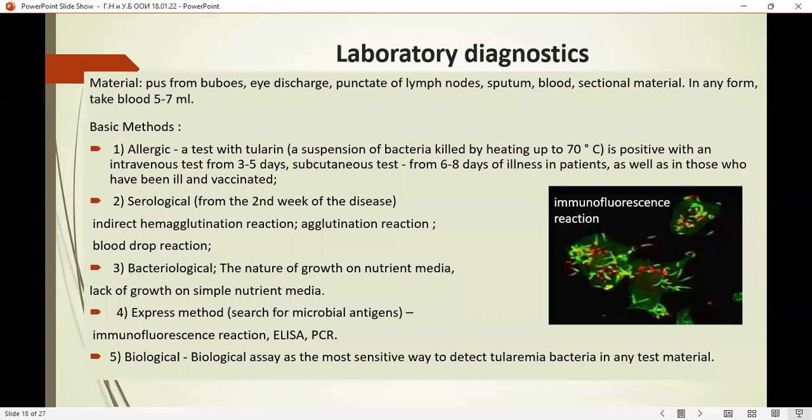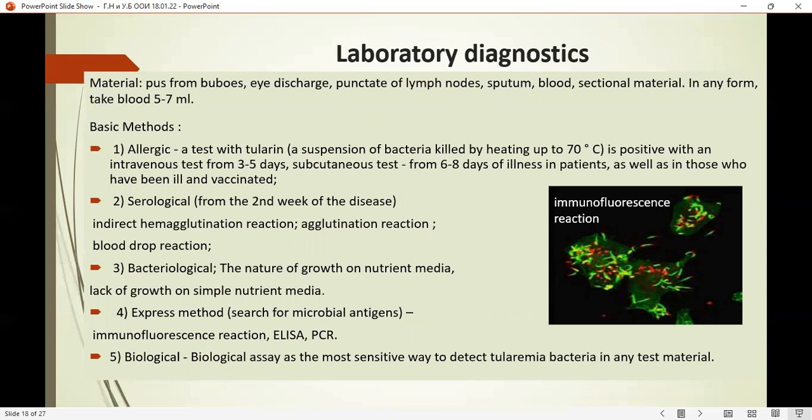Laboratory diagnostics. Materials: pus from buboes, eye discharge, punctate of lymph nodes, sputum, blood, and sectional material. Basic methods. First is allergic, which uses a test with tularin. Second is serological, which starts from the second week of the disease and uses indirect hemagglutination reaction and blood drop reaction.